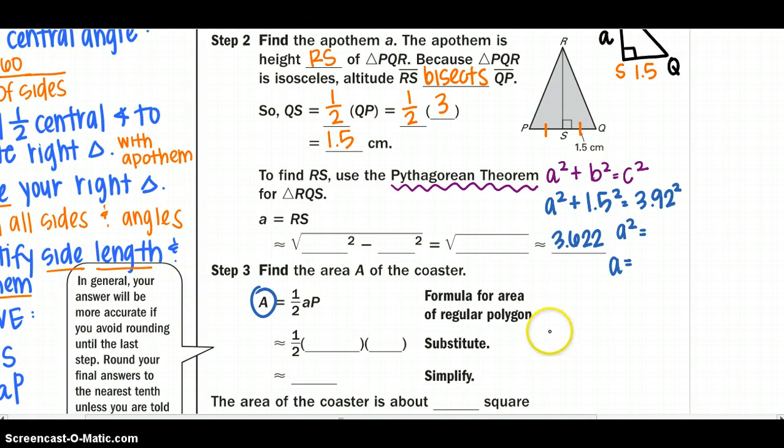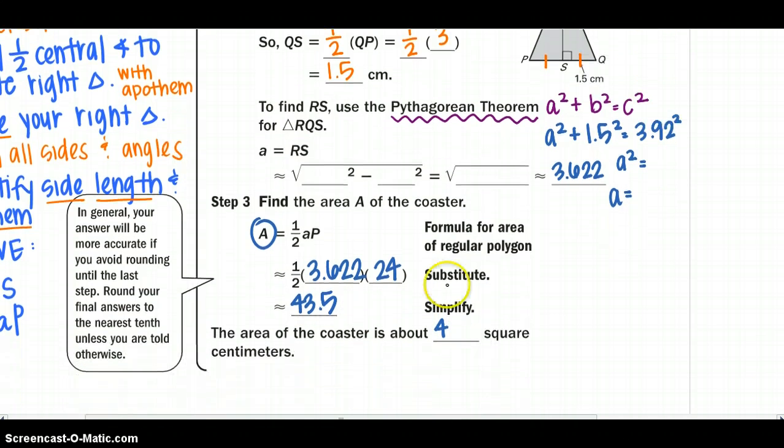So we'll say 1/2 times our apothem, which we said was 3.622, times our perimeter, which is 24, which we found at the very beginning of the problem. So we would say this is 43.5 square centimeters.